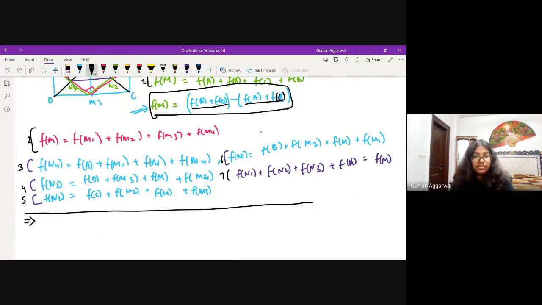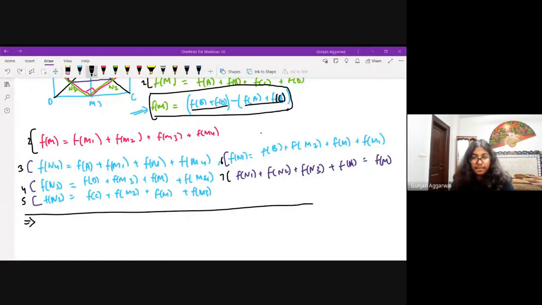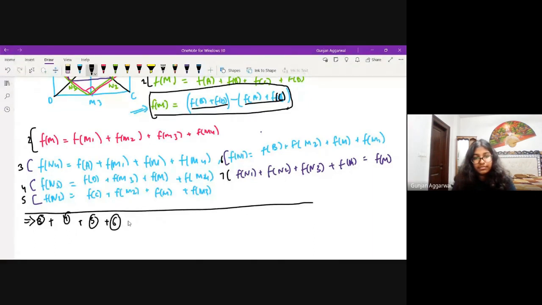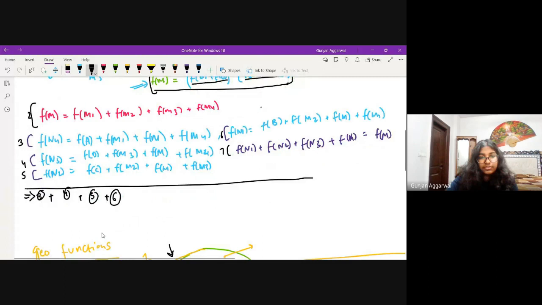Any ideas? How about adding 3 plus 4 plus 5 plus 6? What does that give?